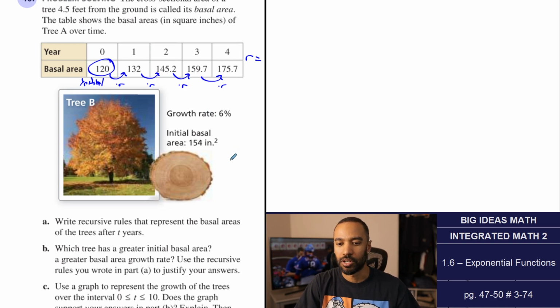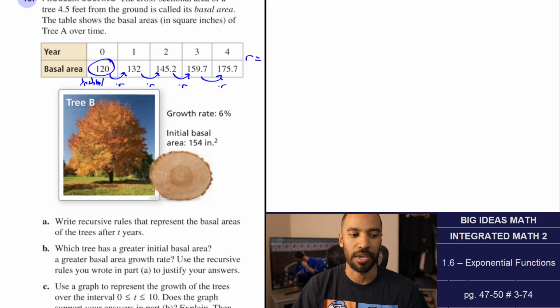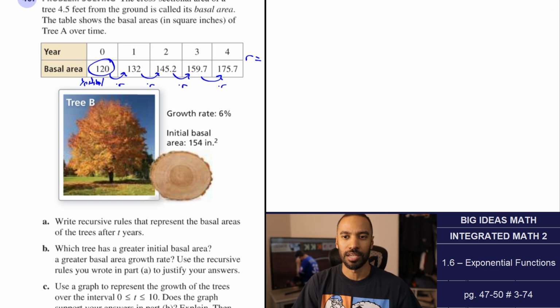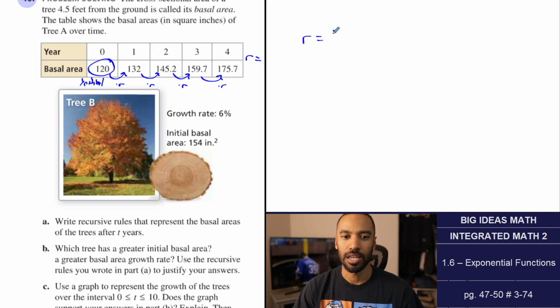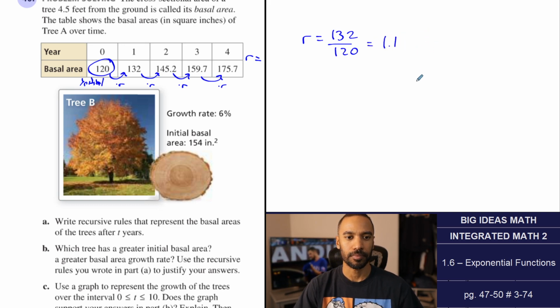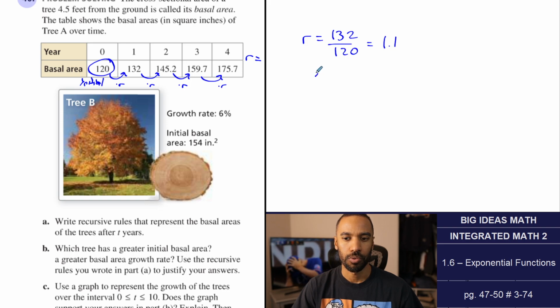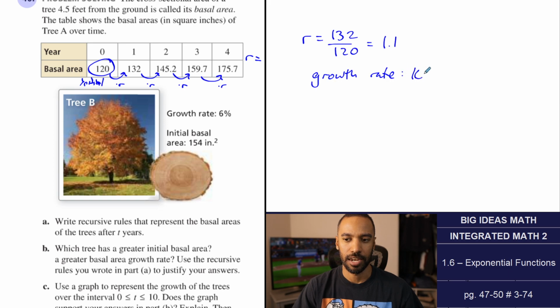Okay, so what do we want to do? Part A, write recursive rules that represent the basal areas of the trees after t years. Oh, I'm sorry, you couldn't see anything I was writing there. r is 132 over 120, which is 1.1, and that is a growth rate of 10%.